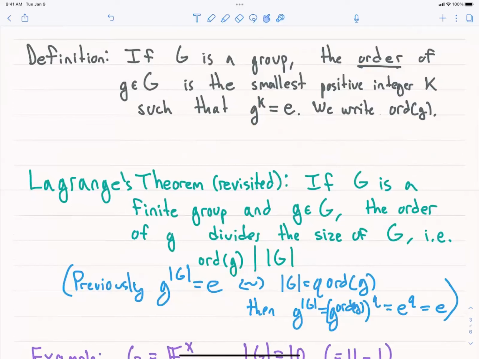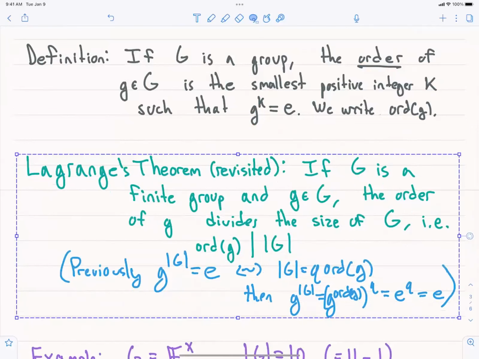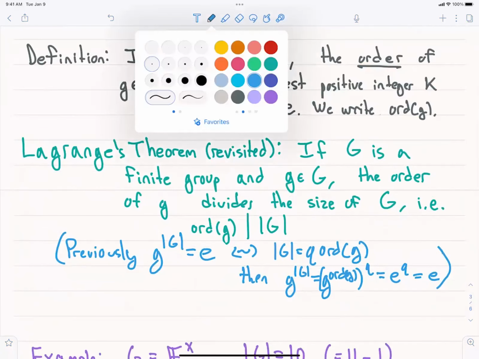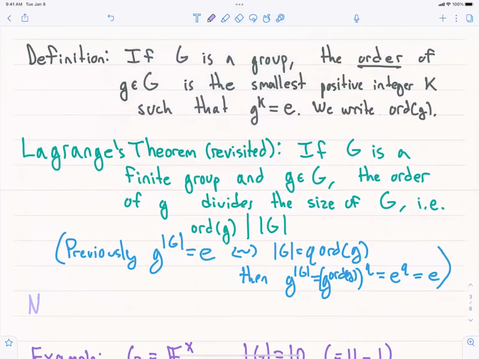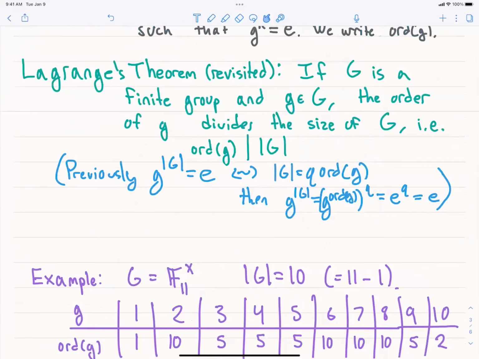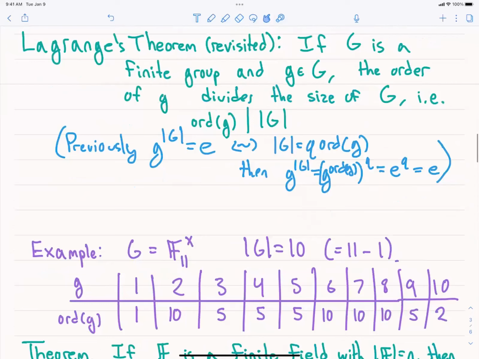Okay, good. So how is this connected to primitive roots? I'll say in a second how this is connected, but first let me write down an example.